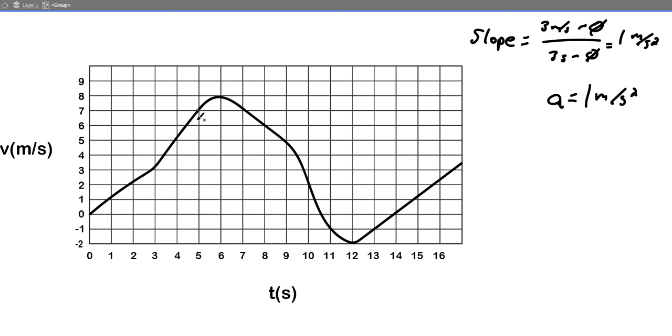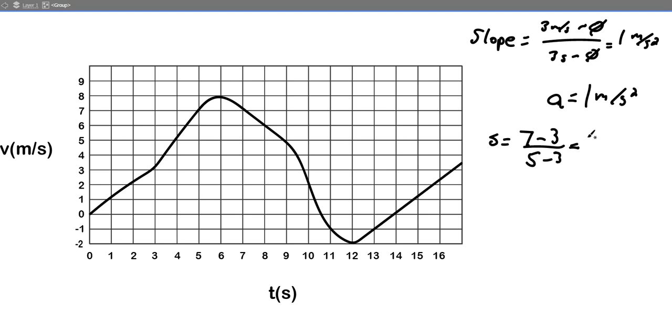Now we notice the slope changed a little bit. What's the slope from this point to this point? We'll just call it S. Our slope, well, we end here at our rise of 7, and our initial rise is 3. So 7 minus 3 over our time difference of 5 minus our beginning time of 3.